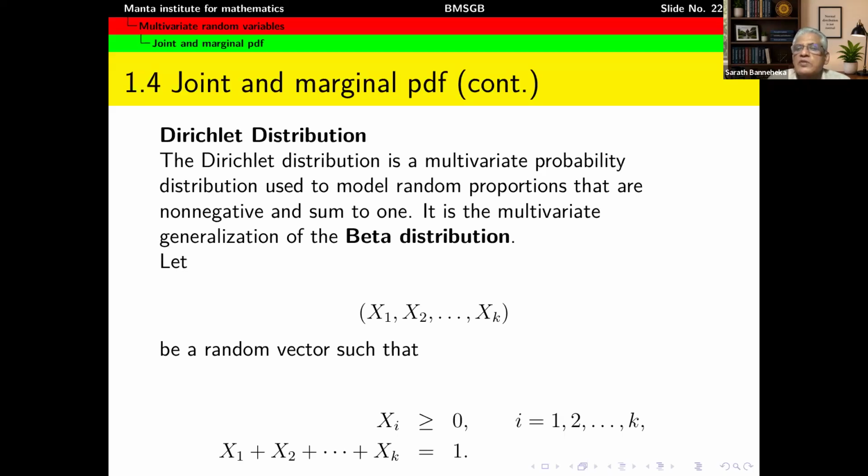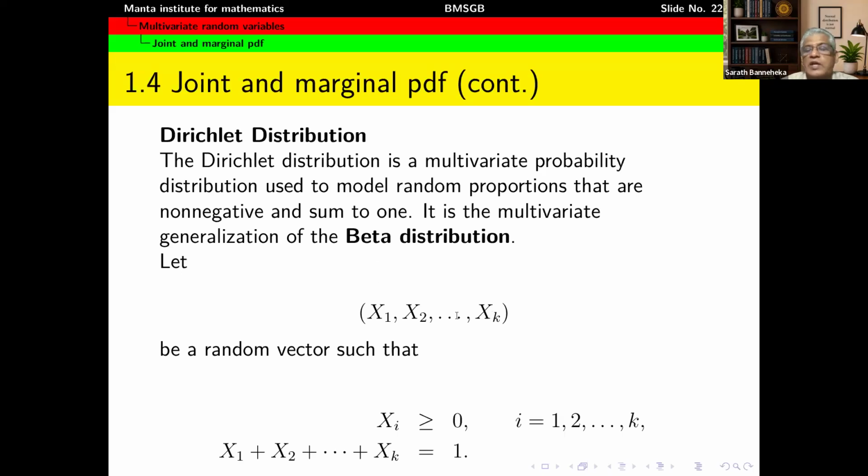So this Dirichlet distribution is used when you want to model the joint probability density function of several random variables where each variable is a proportion, for example, between 0 and 1. So in general, if there are k such variables, where the sum of those k variable proportions is equal to 1, then people use the Dirichlet distribution as a possible joint probability density function for those x1 up to xk.